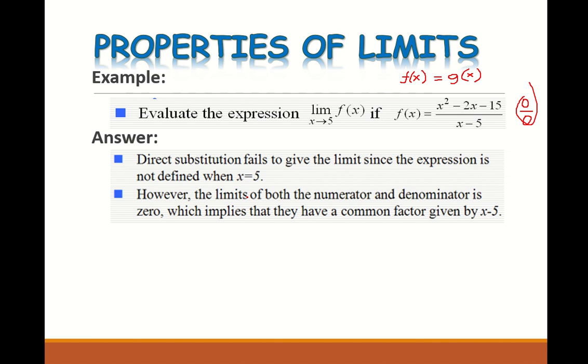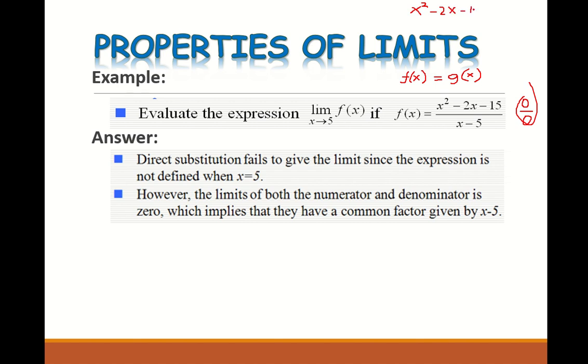However, the limits of both numerator and denominator are 0, which implies that they have a common factor given by x minus 5. So if you look at the numerator, we have x squared minus 2x minus 15.